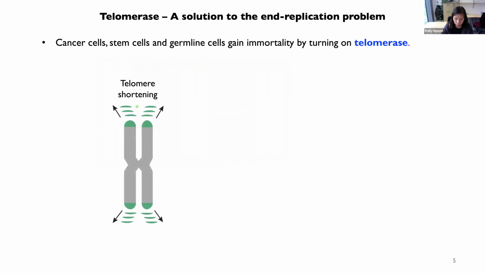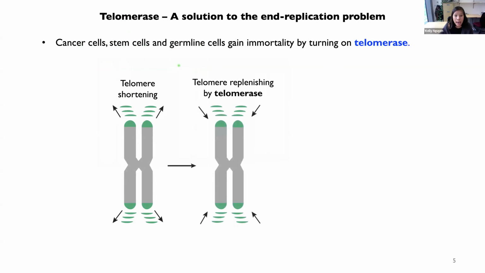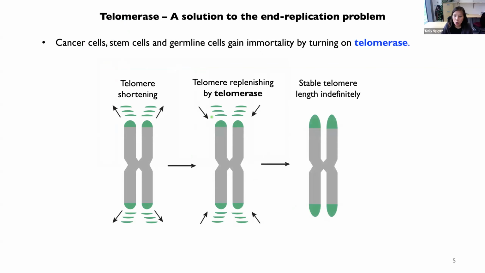So you can already guess what telomerase does in the cell. It adds telomere back, and therefore these cells can maintain a stable telomere length over a very long period of time. And this is one of the reasons why you can culture some cells like HeLa cells or HEK cells in culture, because these have telomerase turned on. And this is also why it is often regarded as the immortality enzyme.